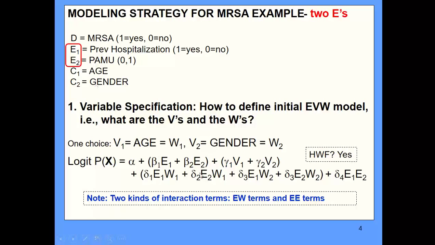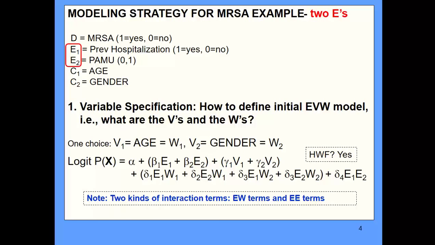And then the next two are E1 with PAMU and E2 with PAMU. But then there's another term in the model: E1 times E2. Because we have E1 and E2, why not the product? If we're allowing at least two-factor products, let's put the two-factor product in there.